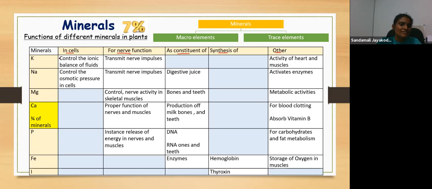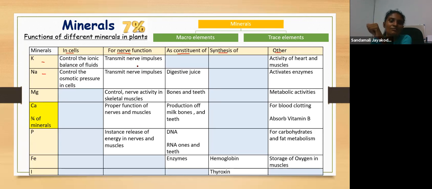In cells, potassium and sodium control the ionic balance of fluids and control the osmotic pressure in cells. That is the function of potassium and sodium in cells. And in the case of nerve function, in the nervous system, potassium, sodium, magnesium, calcium and phosphorus, all of these five are important for nerve function, but with different functions.